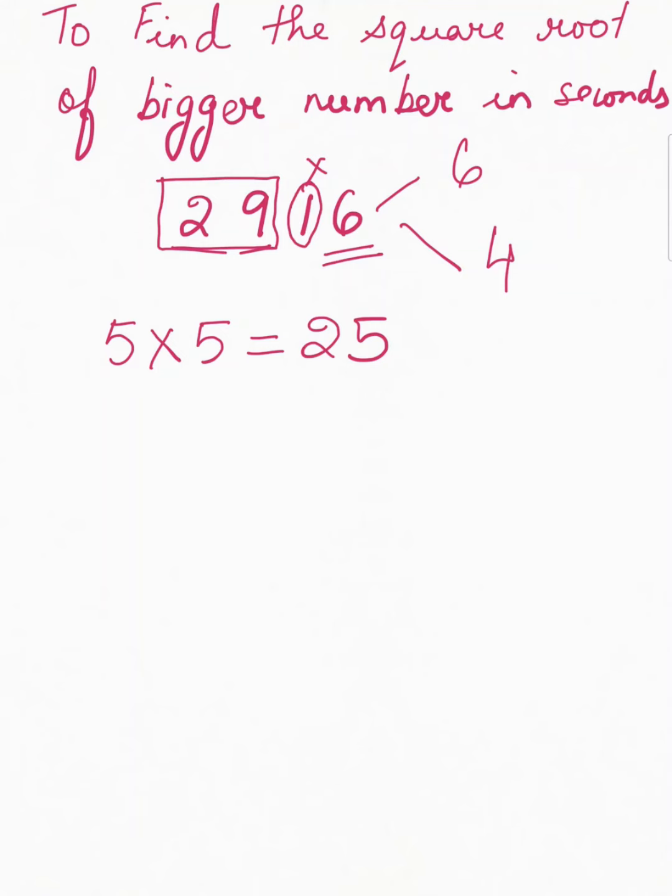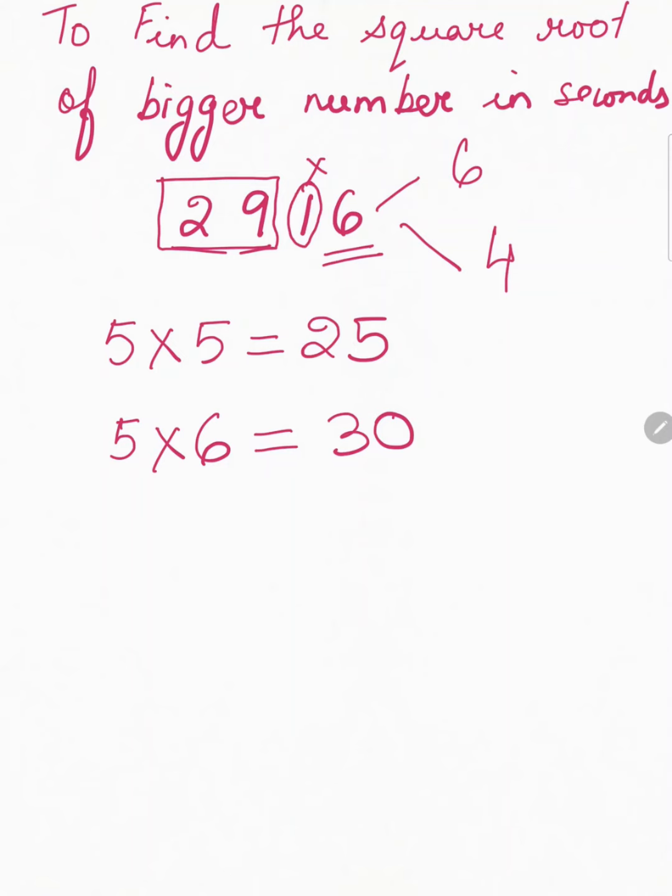Now I will be multiplying 5 with its successive number, that is 6. So after multiplying 5 by 6, what do we get? I get 30. Now 5 is one of the chosen digits.